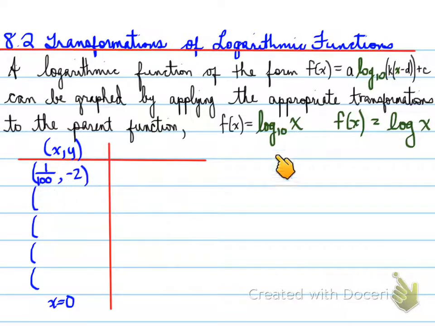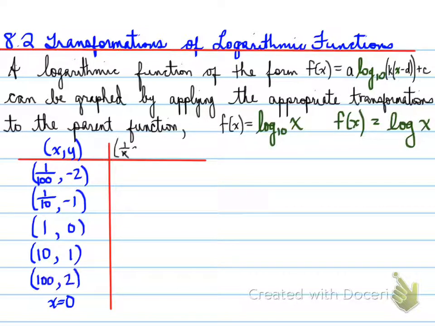Because what this is saying is 10 to the power of something gives us 1 over 100. That something is negative 2. Do the same for the next one. 1/10 for x is going to be negative 1 for the y. And again, we have 1, 0; 10, 1; 100, 2.